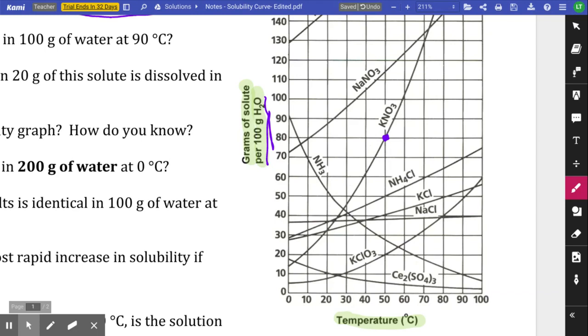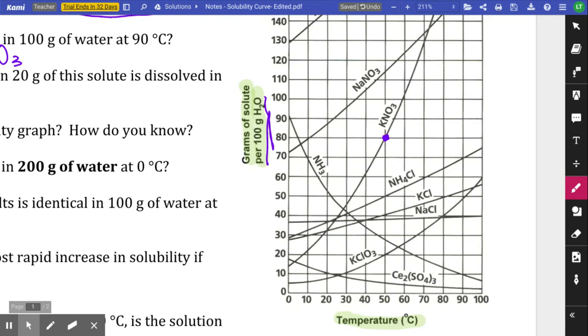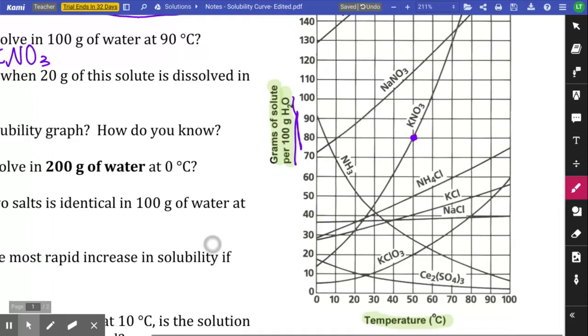When it's asking what the solubility is, it wants to know how much can dissolve. So at 50 degrees Celsius with KNO3, we can dissolve 80 grams, from the point I am at on my graph right there. So 50 degrees Celsius, KNO3, 80 grams.